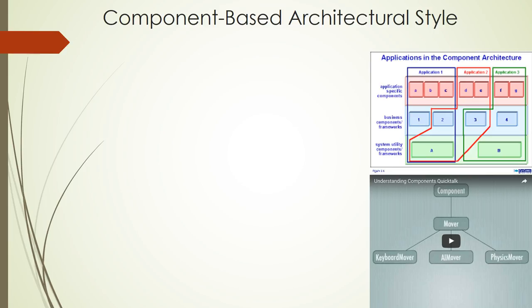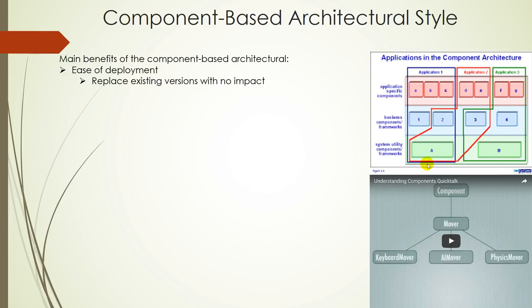The following are the main benefits of the component-based architecture. The first, ease of deployment. As new compatible versions become available, you can replace the existing version with no impact on the other components or the system as a whole. The next is reduced cost.